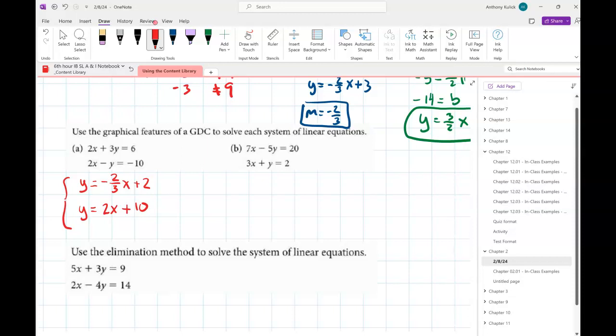Make sure you still remember how to do that, if you would. Is it just you plug it in? And then you use the intersect command, so second trace. Pick the intersect command, and you can just press enter 3 times from there because you only graph 2 things and there's only one intersection.